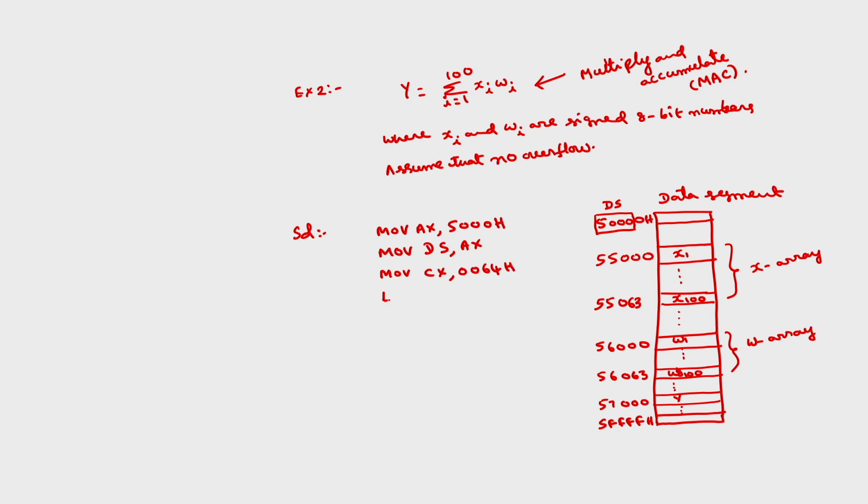Then you take this effective address. What is the effective address of X array? The starting effective address of the X array from here to here, the offset is 5000, and from here to the W array, the offset is 6000.